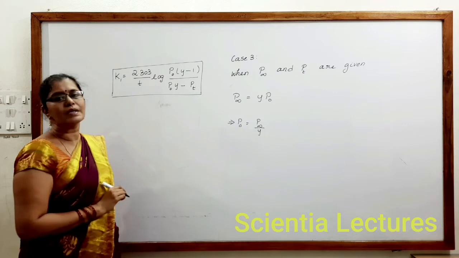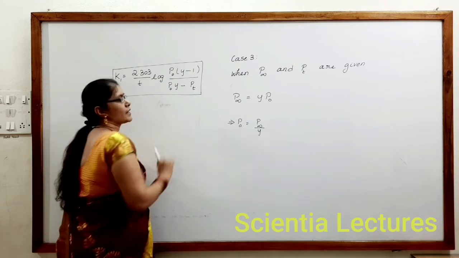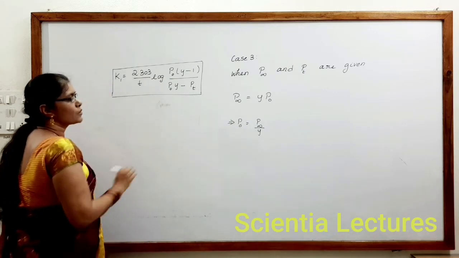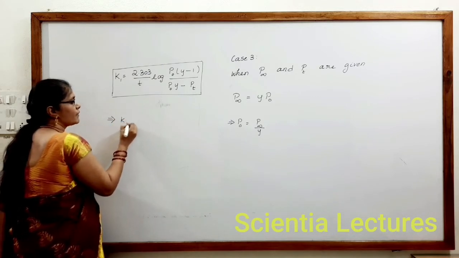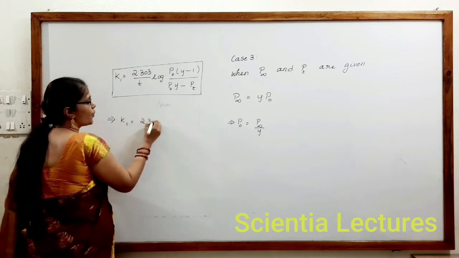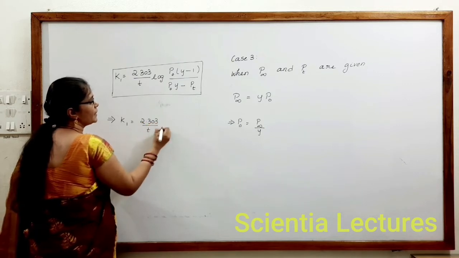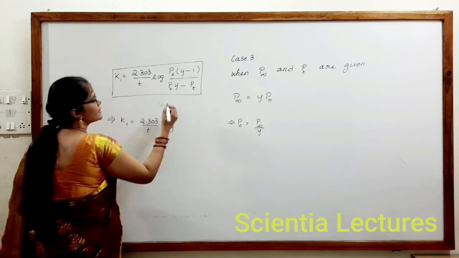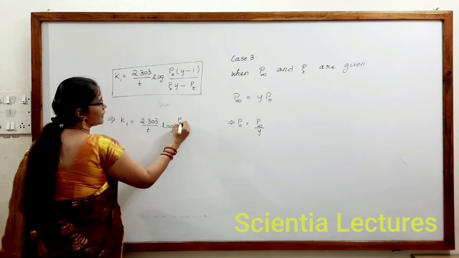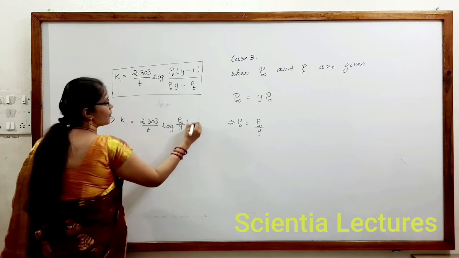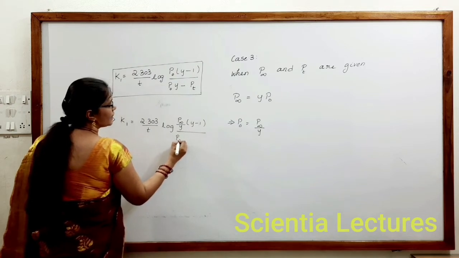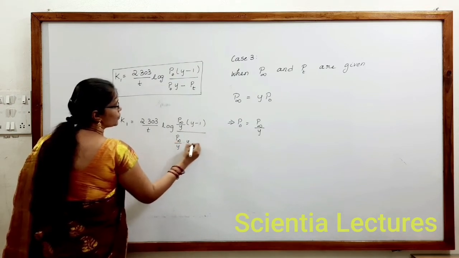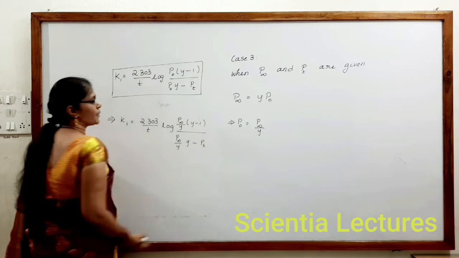Instead of P naught, what is given to us? P infinite. Then P naught is to be substituted as P infinite by Y, which implies K1 must be equal to 2.303 by T log of, instead of P naught, we can keep P infinite by Y into Y minus 1 divided by P infinite by Y into Y minus Pt.